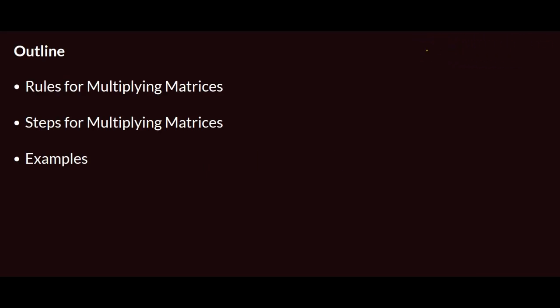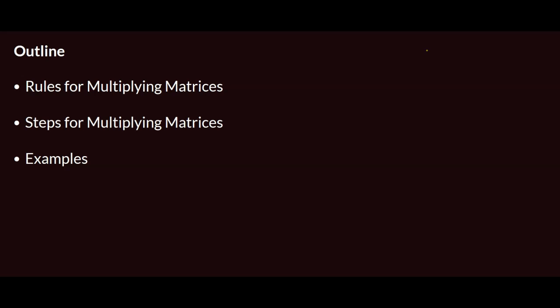So we're going to start off by understanding the rules for multiplying matrices. Like I said, this can be a bit confusing, so I'm going to make sure that I follow a lot of steps so that you can see exactly how to avoid some of the challenges that students typically have with multiplying matrices.